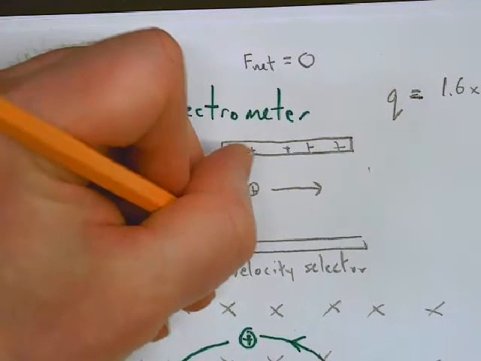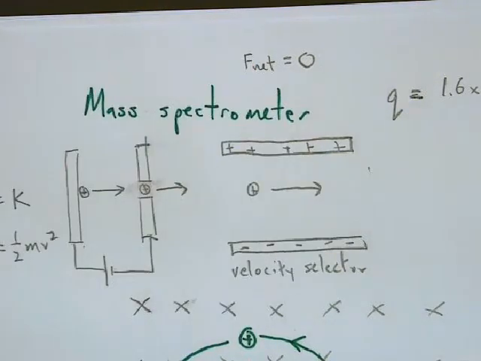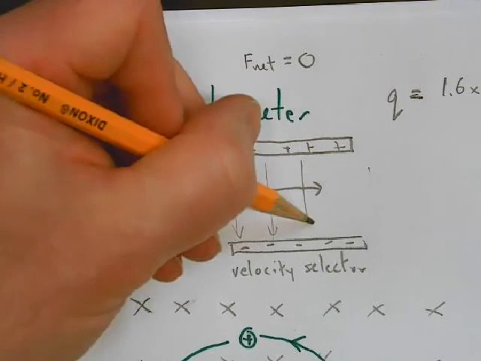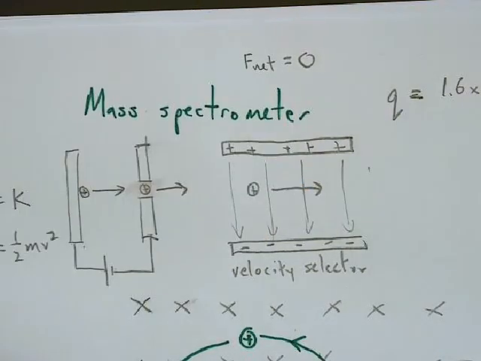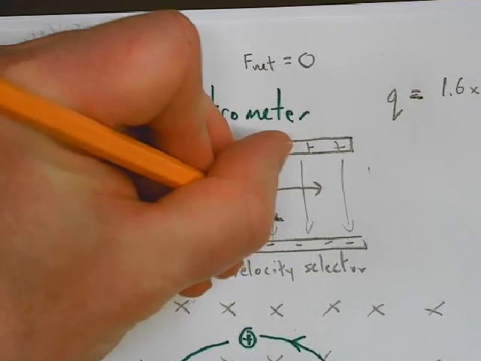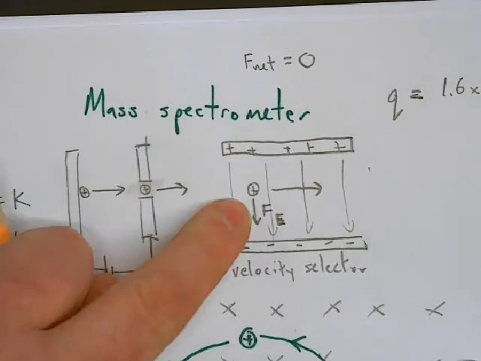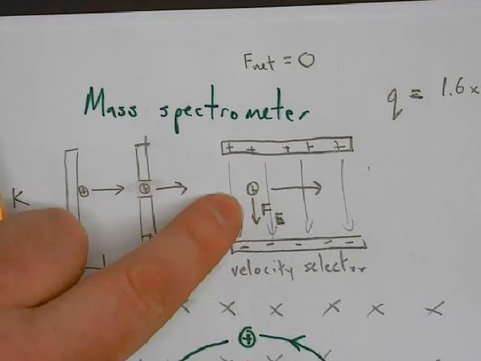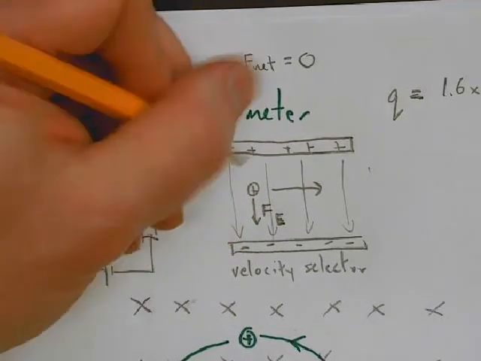Well, let's say the top plate has a positive charge, the bottom plate has a negative charge. Well, I know my electric field is going to point this way, which means I would get an electric force pointing downward on that positive charge. If it was a negative charge, the electric force would point the other way.